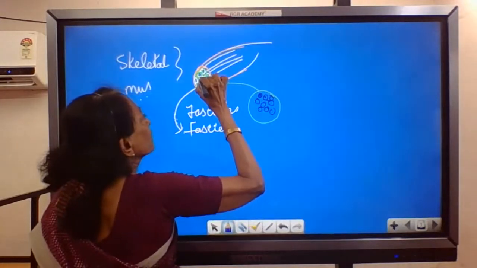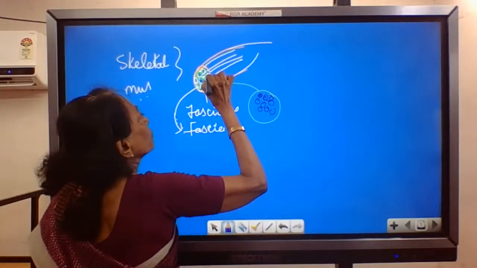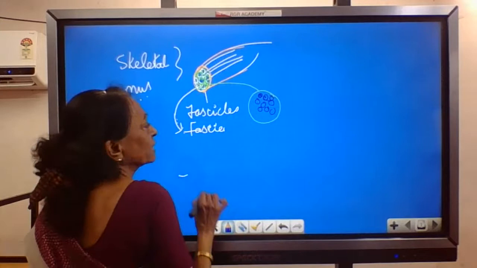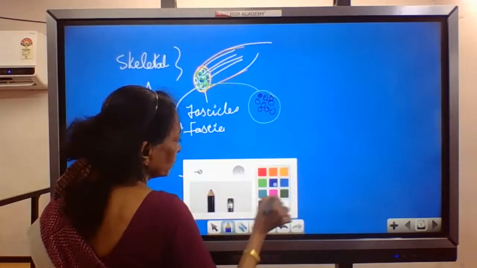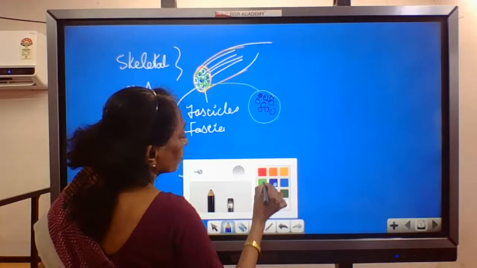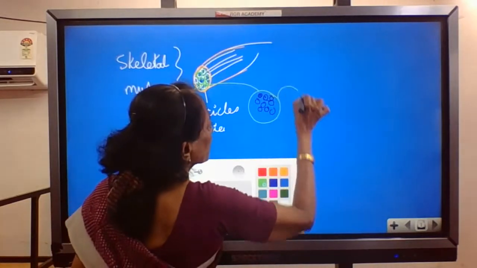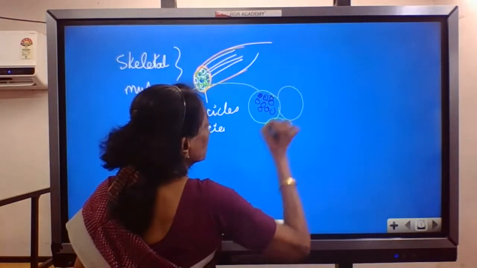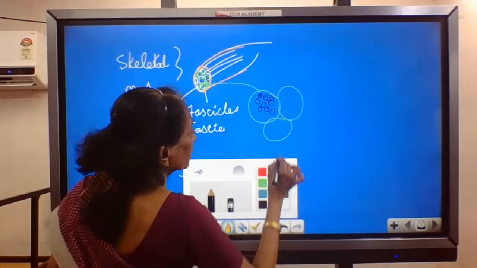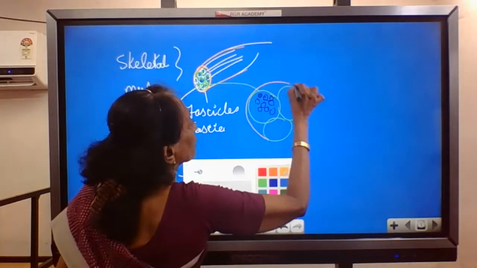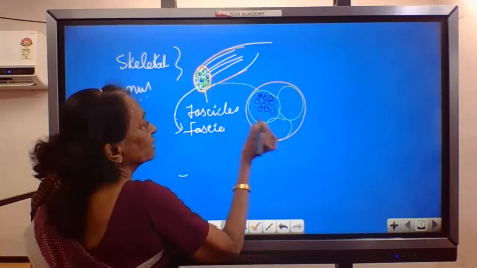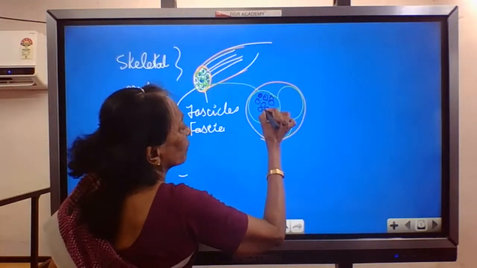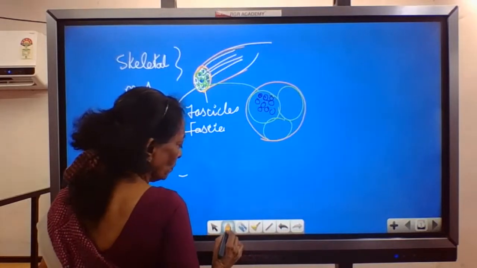So inside the fascicle, you have got many muscle fibers. Understand? See, this is one fascicle, there is another fascicle, all put together in one big bundle. Each fascicle has got a number of fibers. These are all muscle fibers.